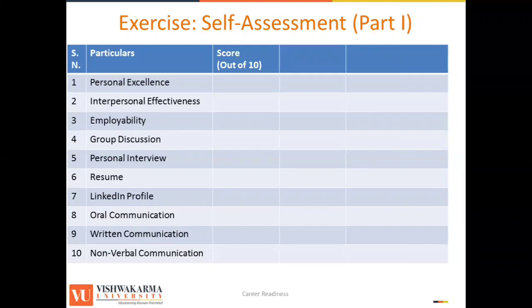These are the parameters for this particular session, and by and large cover most of the important aspects, so we could definitely follow this. So maybe next 30-40 seconds, try and rate yourself. Just mention that number against each point.